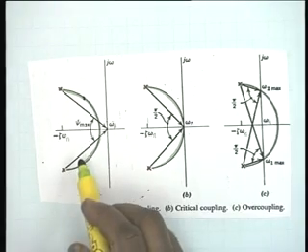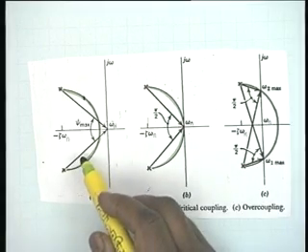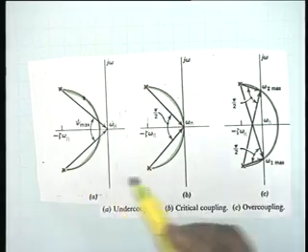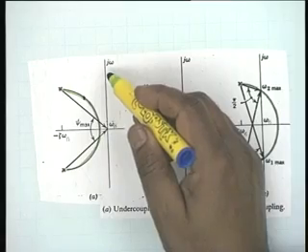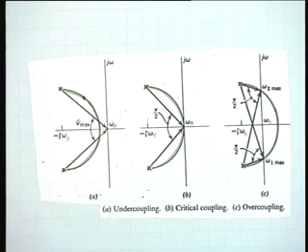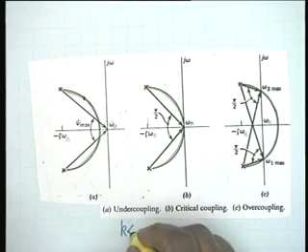Now if k is less than 2 zeta, then, I am sorry, I should modify this statement. The peaking circle does not touch or intersect the j omega axis. Obviously, k is less than 2 zeta in this case, and this is called the undercoupled case. Undercoupling means that k is less than 2 zeta.